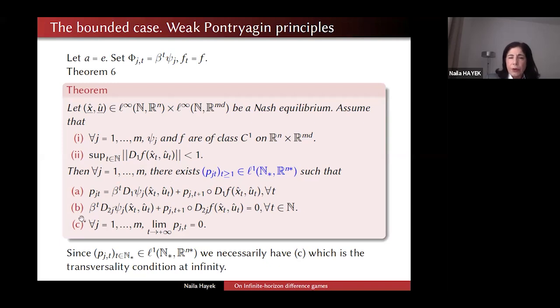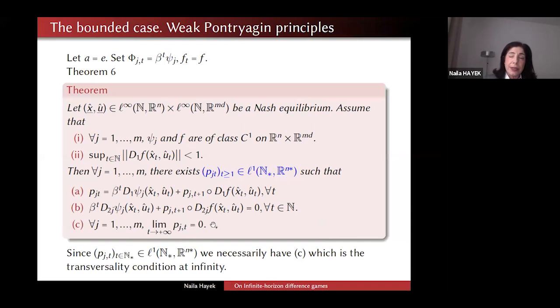This is the weak Pontryagin principle because I'm in the weak section. And I have condition C, which is a transversality condition at infinity, which says that the limit of p jt is equal to 0 when t goes to infinity.